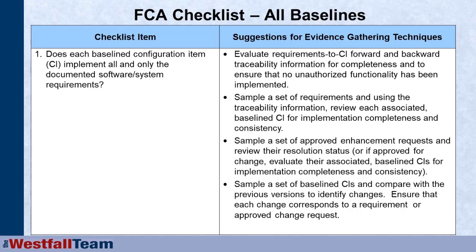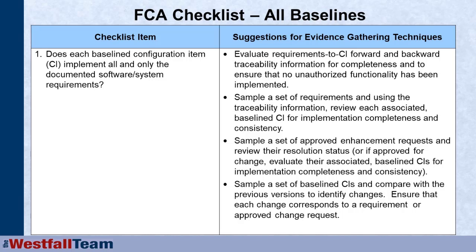So throughout the development process, at each baseline that you've decided to do functional configuration audits, you can be looking at checklist items that include, does the baseline configuration item implement all and only the documented system and software requirements? So you can actually evaluate the requirements to the configuration item, forward and backward traceability information for completeness.